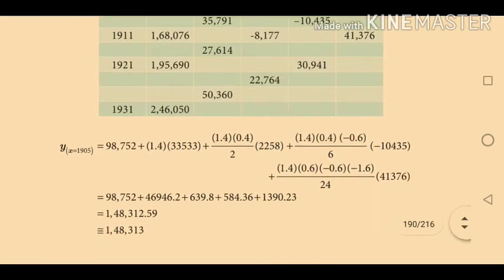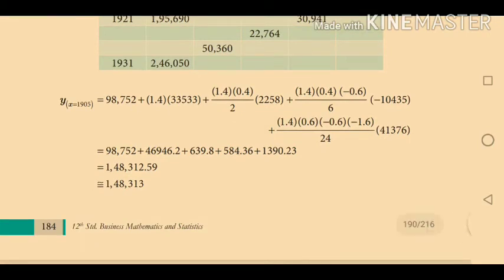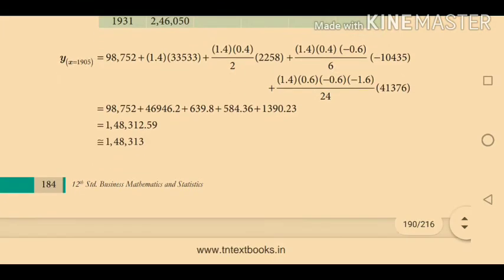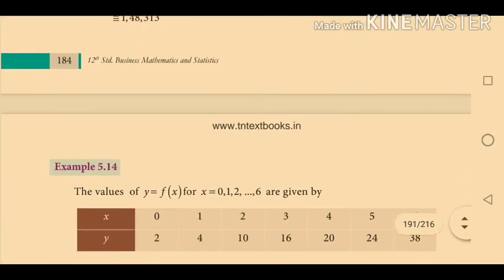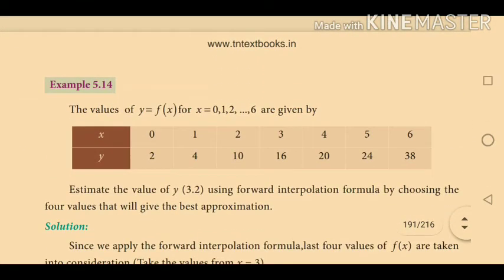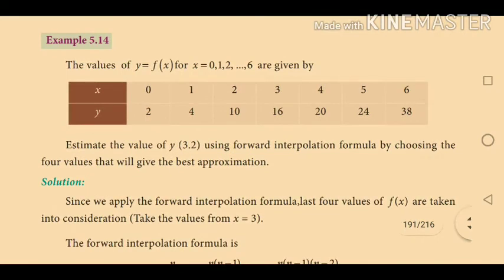Substitute all the values and you get the population for 1905 as 1,48,313. So the same method you do in 5.14.